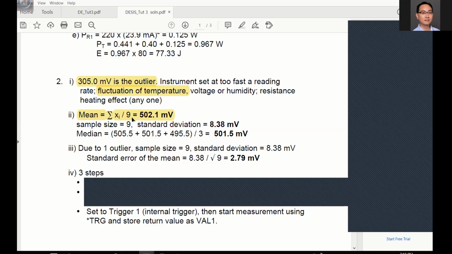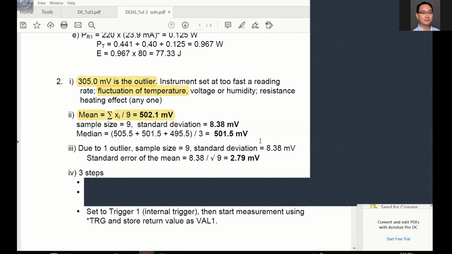Anybody knows why divide by 9? Mr. Kumar, you unmute yourself. Total number of values, sir.